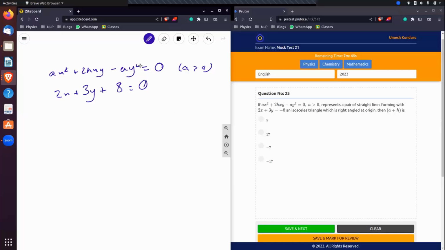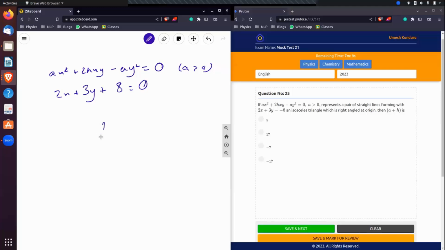Now it's a right angle at the origin. We know that already from the equation of the pair of straight lines. So what we want to do is figure out the points of intersection of this with this, and then make their distances equal from the origin. Let's try that out again.